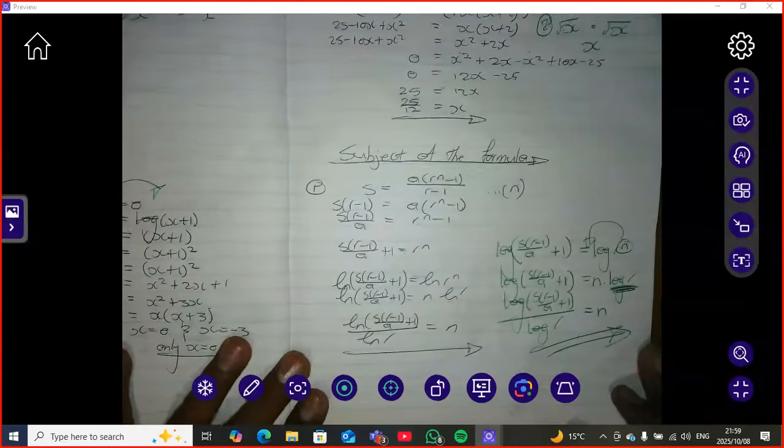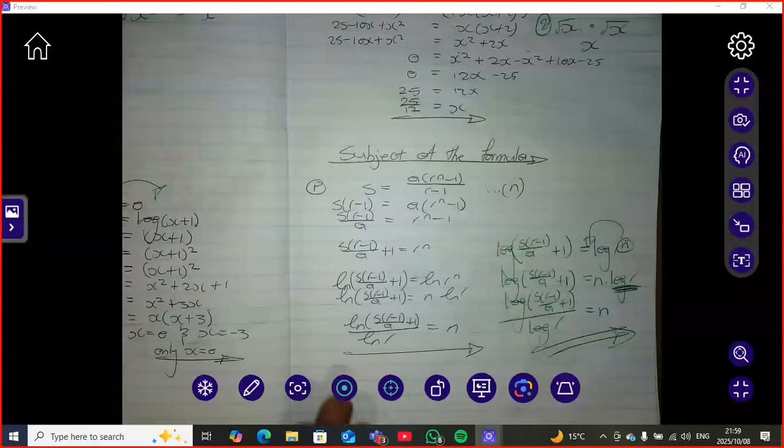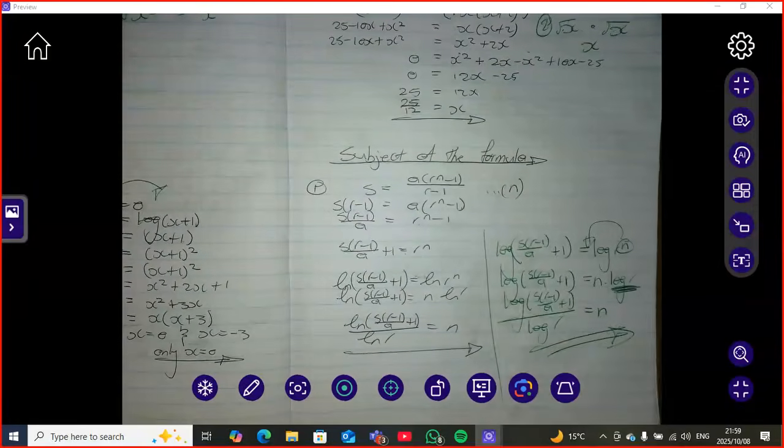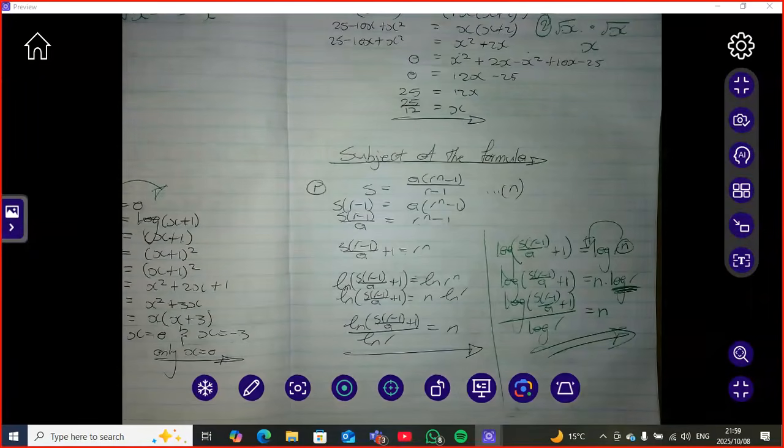As you can see, it is the exact same thing as the ln. Just remember, if the thing you want is in the exponent, the only way to get out of the exponent is to introduce log or ln on both sides of the equation.